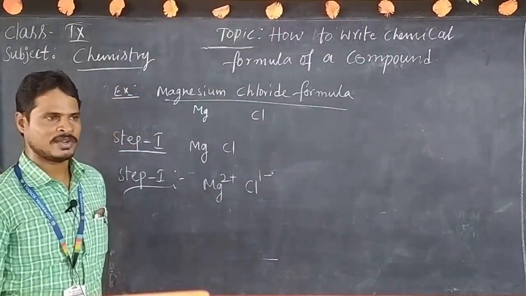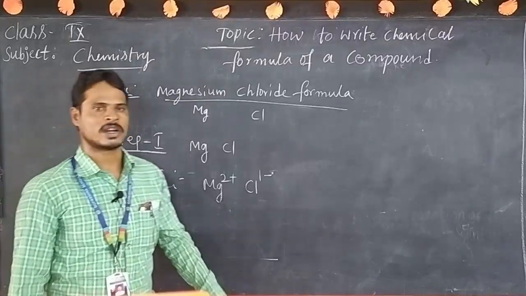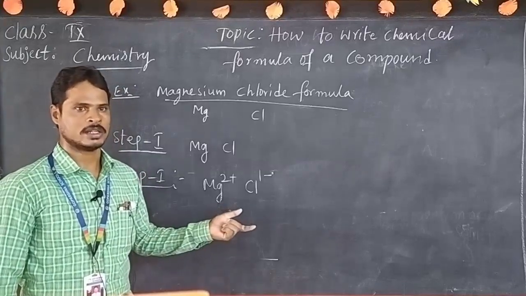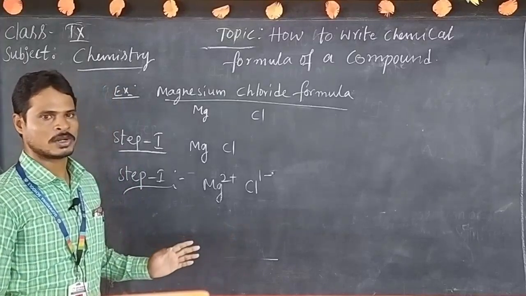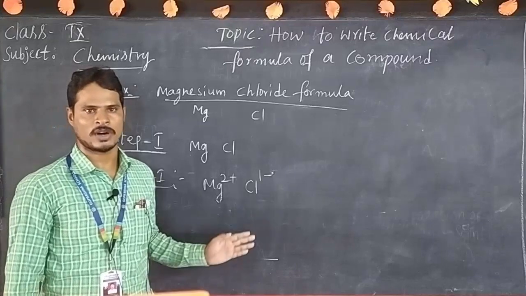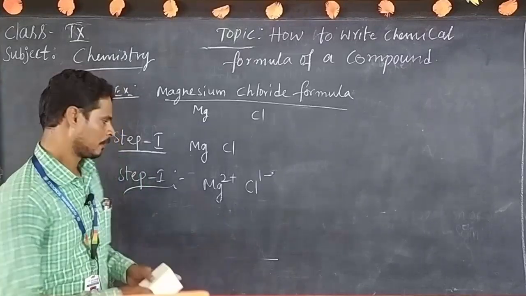Here both are having the same valency or different valency? Yes, both are having different valency. What we have to do if two ions have different valency: we shift the valency from left to right, right to left. If same valency is there, directly cancel, you get the formula. That's why the third step is ignored, then go to the fourth step.